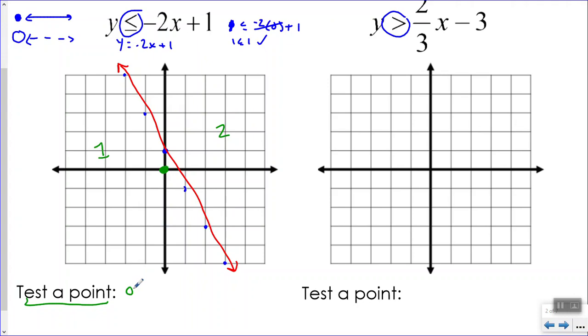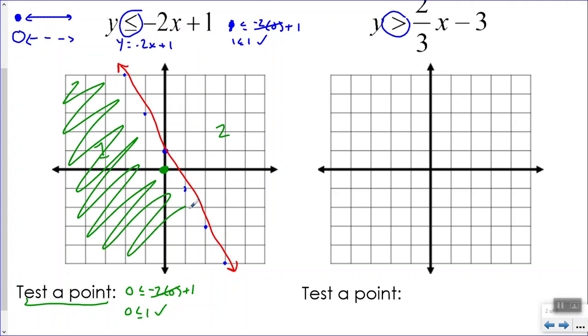So we substitute in the origin, we say 0 is less than or equal to negative 2 times 0 plus 1, and we get 0 is less than or equal to 1, which is a true statement. So we're just going to go ahead and shade in that side of the boundary line. And now we have a complete graph of this inequality.